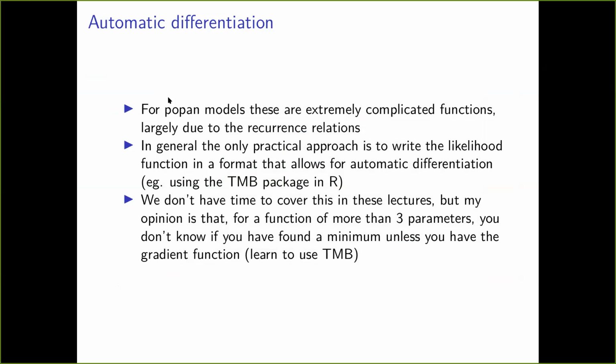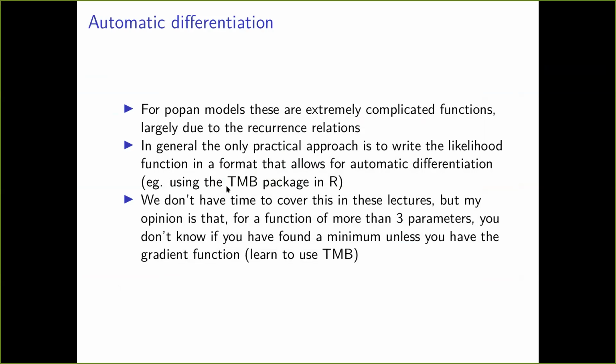Okay, so for Model MT, you can just code up the gradient and the Hessian, but for Popan models, those functions are extremely complicated, largely due to the recurrence relations. In general, the only practical approach is to write the likelihood function in a format that allows for automatic differentiation.